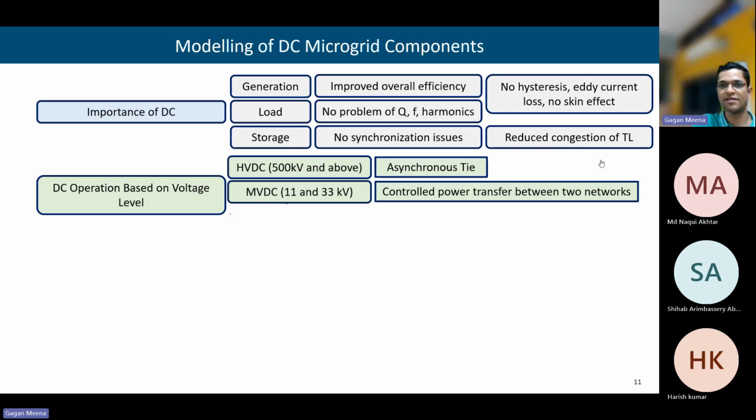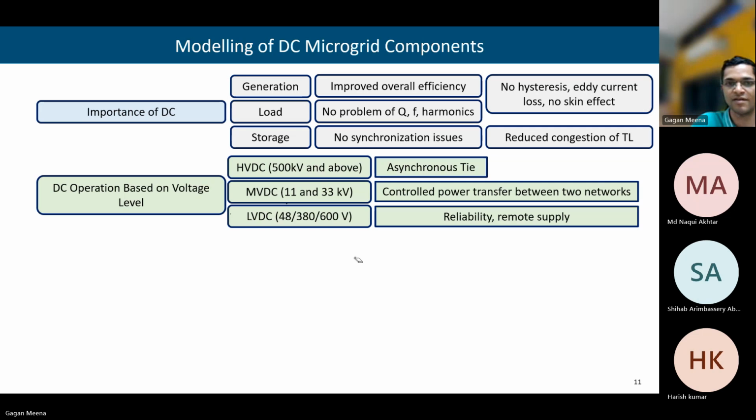Then MVDC, medium voltage DC, between 11 and 33 kV, and here also we can control power transfer between two networks. And then LVDC, this we can use for our house, and also in electric vehicles, especially in the four-wheelers.